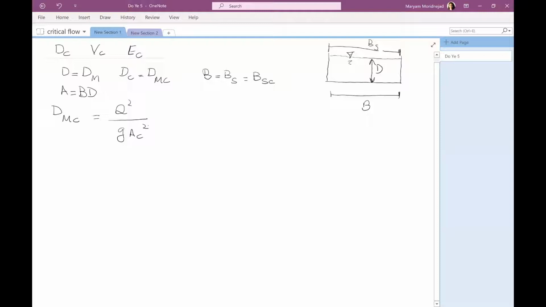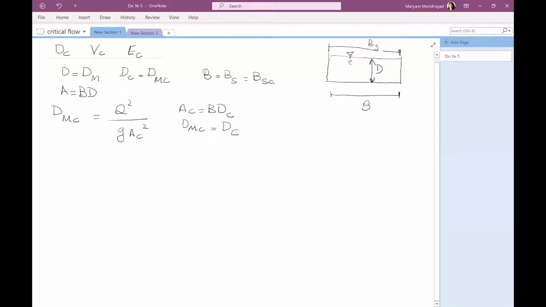In a rectangular channel, we can assume that AC equals B DC, or the area of the channel in critical flow equals B multiplied by critical depth, and critical mean depth equals critical depth.